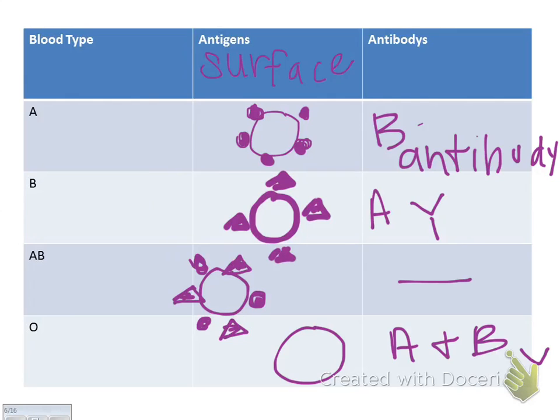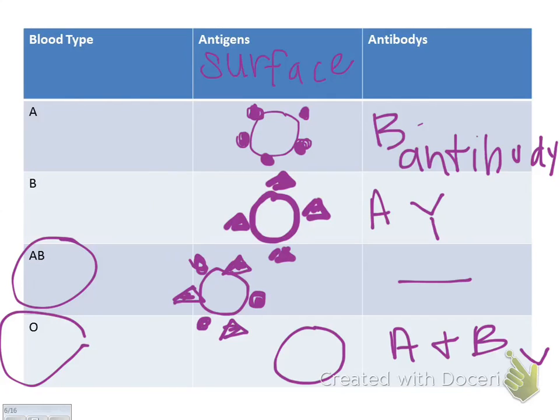They can receive from A, B. They can definitely receive from AB, and they can receive from O. So people with AB blood can receive blood from A, B, and O. So we call that the universal receiver. And then O blood can give to everybody, but can only receive from O.